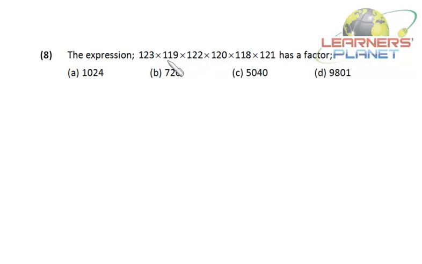Now we have already discussed in our theory session that the product of 6 consecutive numbers is always divisible by 6 factorial. So we can see here it's a sequence of 6 consecutive numbers and their product will definitely be divisible by 6 factorial. So the entire expression is divisible by 6 factorial, that is 720. Okay friends, it's very simple.